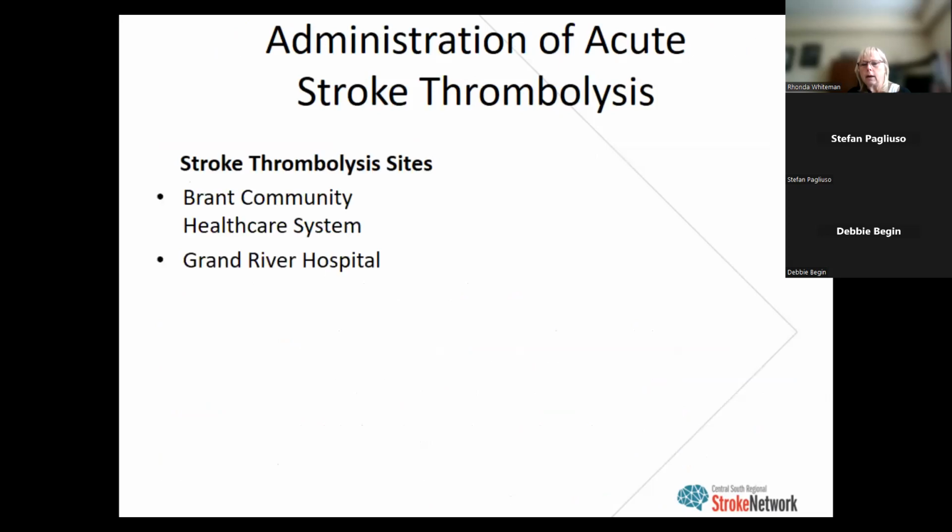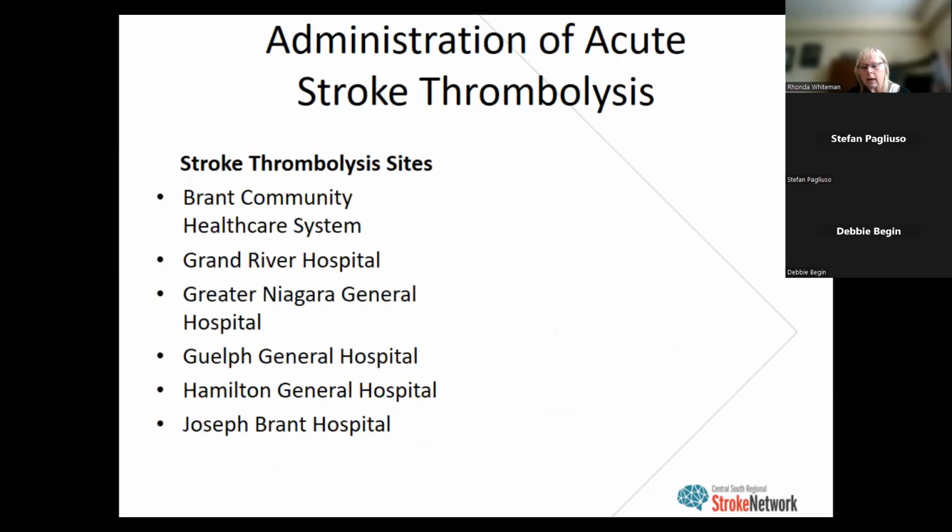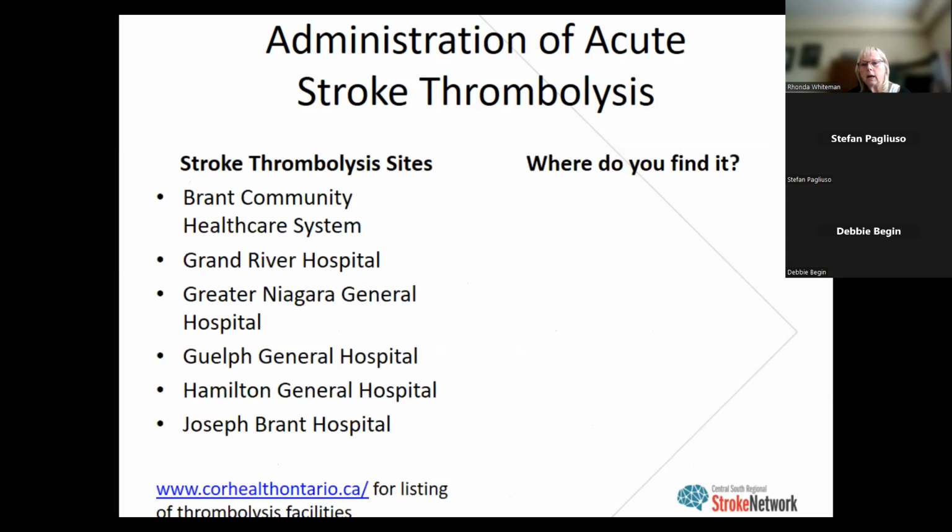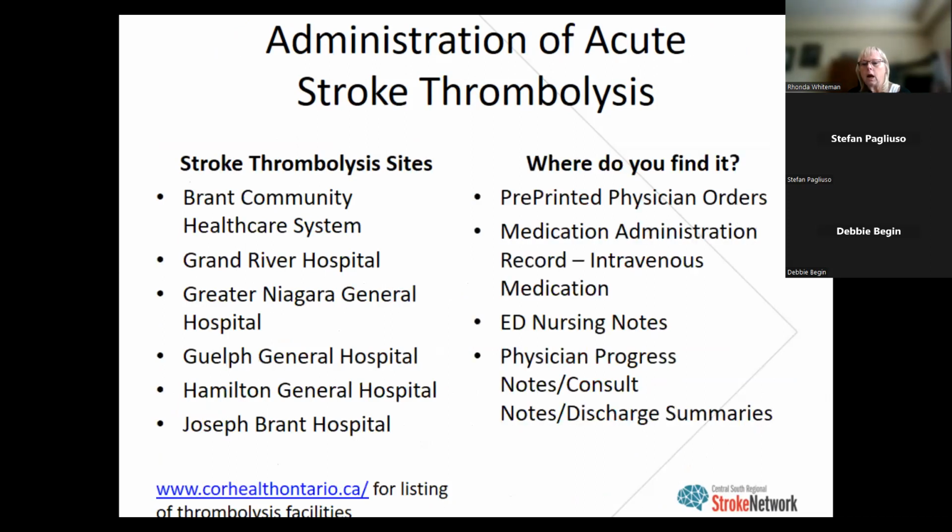So when we look at our thrombolysis sites, as Steph has reviewed, related to implementation of tenecteplase, the Hamilton General Hospital went live with tenecteplase in January. Grand River went at the end of February. Guelph General is looking to go live, I believe, in May.